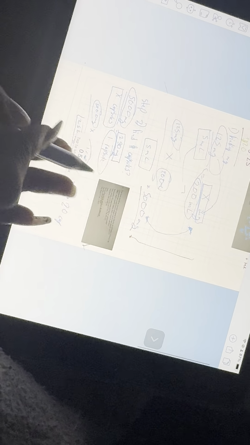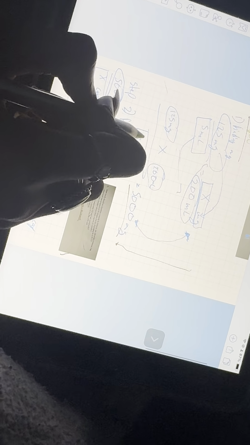So now that we have the number of capsules, I don't know how to move this thing. Okay, we're gonna have to erase. We'll erase the top because we already did that.